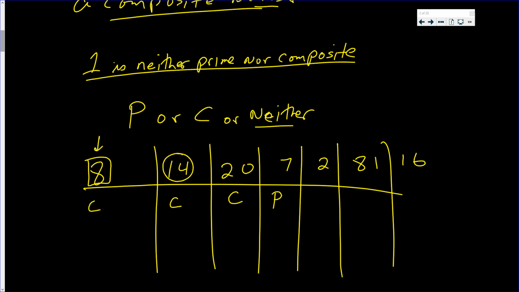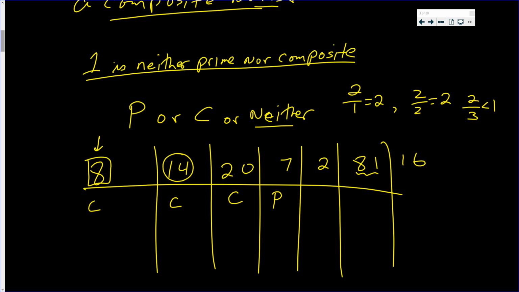Now what goes into 2? Well, 1 goes into 2. Well, we knew that. And 2 itself goes into 2. But nothing larger is going to go into 2 because it's less than 1. For a number to go into, say, 81, it has to go into 81 at least one time.